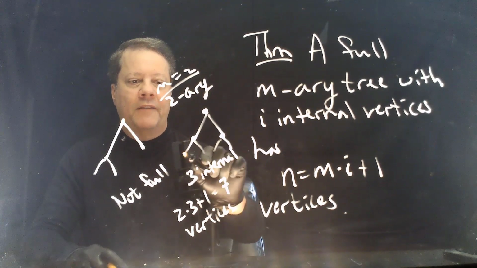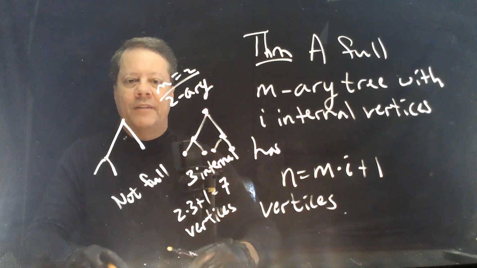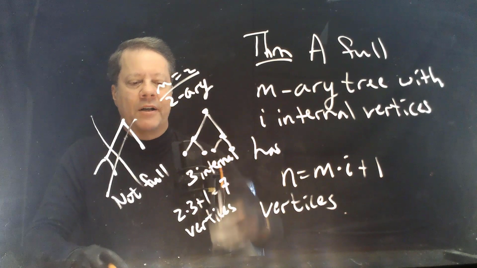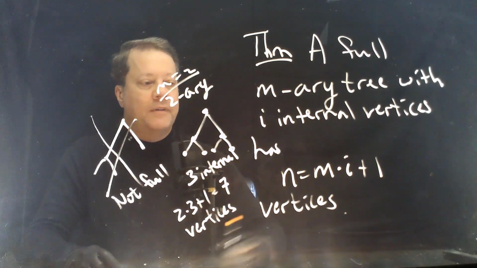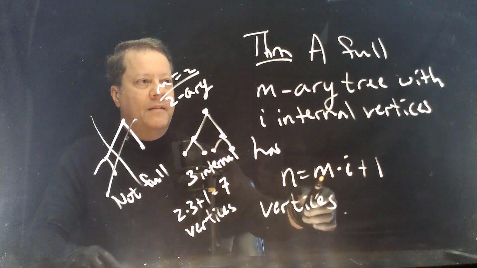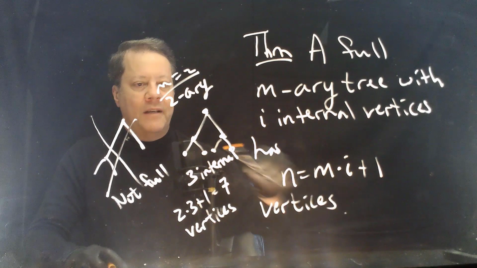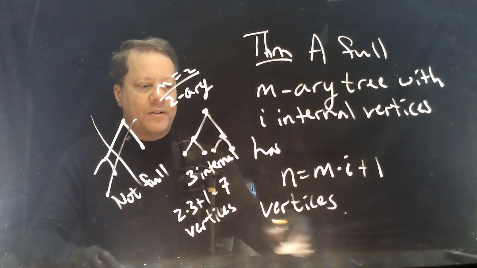Is that true? You have 1, 2, 3, 4, 5, 6, 7. And so this one's not full, but if you have a full two-ary tree like this, you're going to have m, the number coming out on each level, times the number of internal vertices, and then plus 1 as the number of vertices altogether.